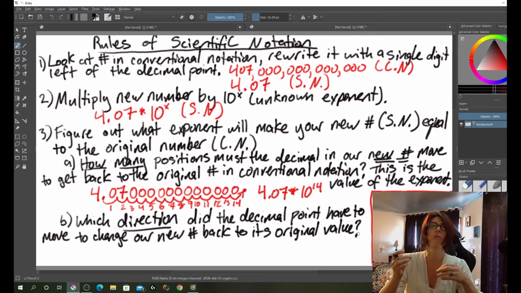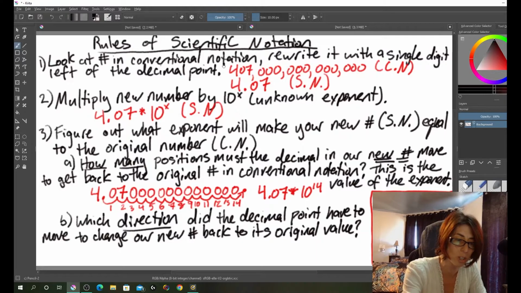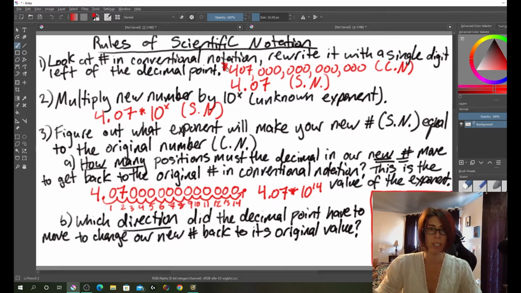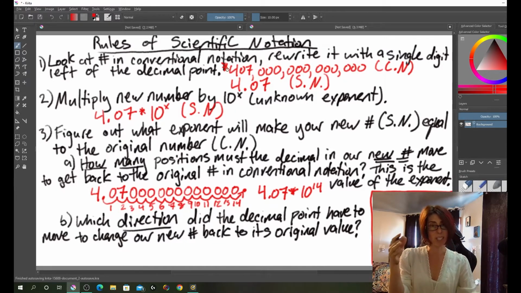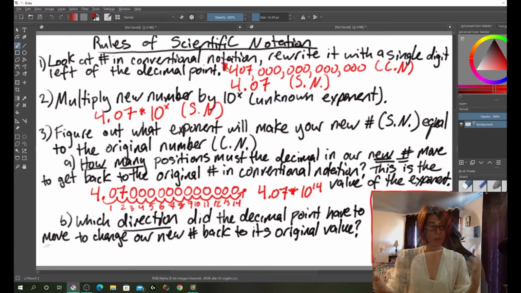So basically, if your original number is greater than 1, the original number meaning the one in conventional notation up here, your exponent in scientific notation is going to be positive. If, however, your original number in conventional notation was less than 1, like something like 0.0001, then your exponent in scientific notation will be negative. Because negative exponents make tiny numbers, and positive exponents make large numbers.